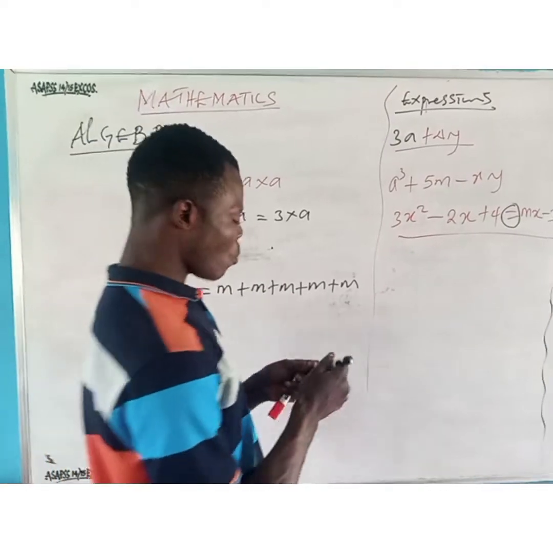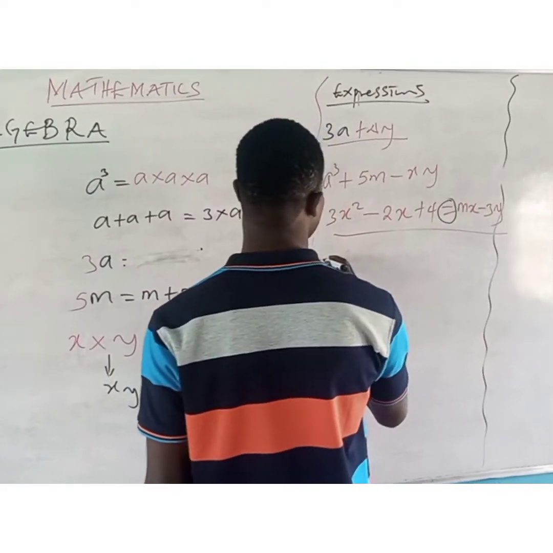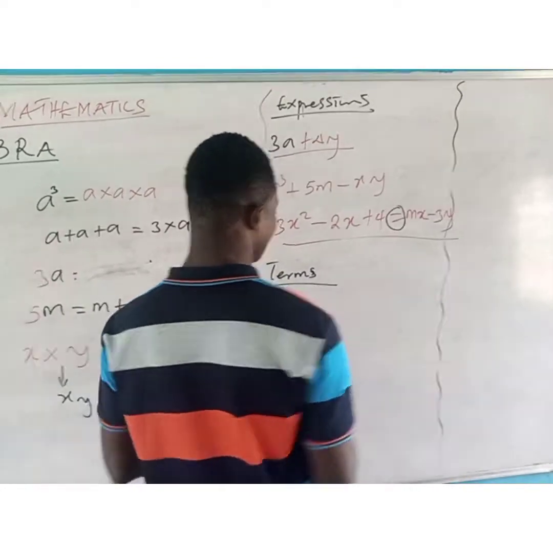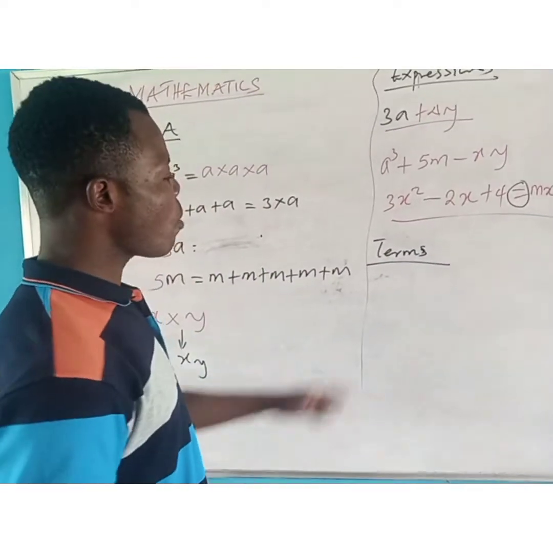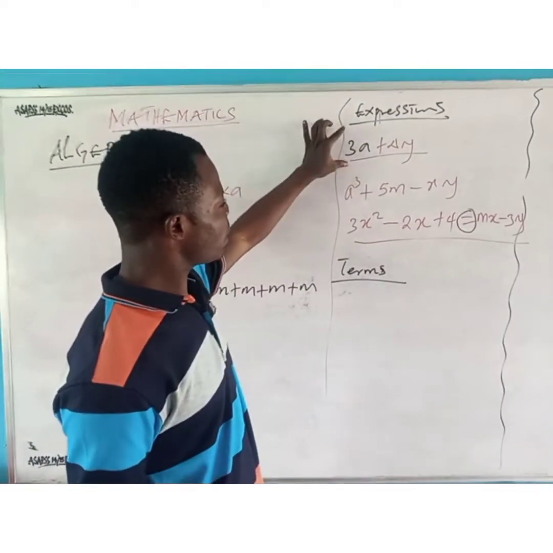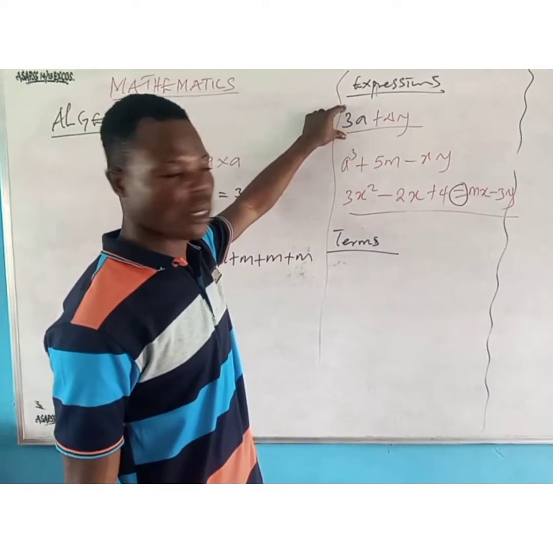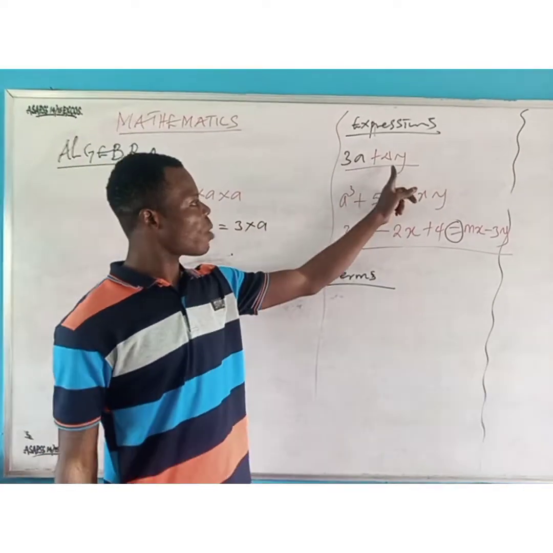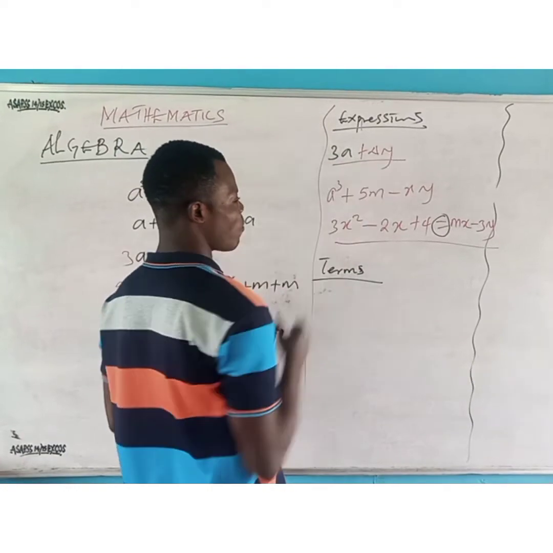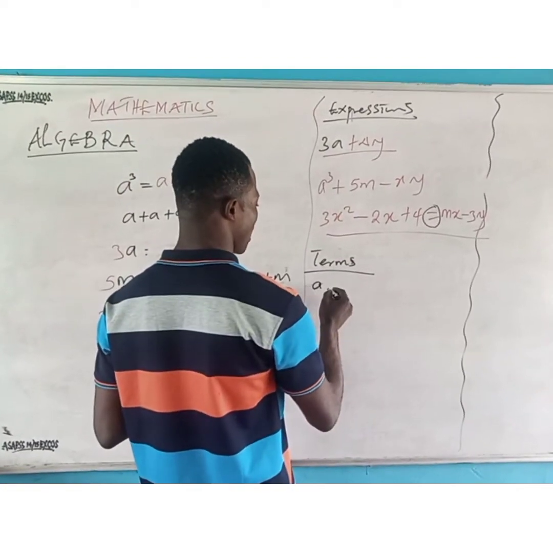And also, we want to look at what we call terms. There are terms in algebra. Let me use this as an example. In the first algebraic expression here, we have 3a and we have 4y. The terms involved here are a and y.